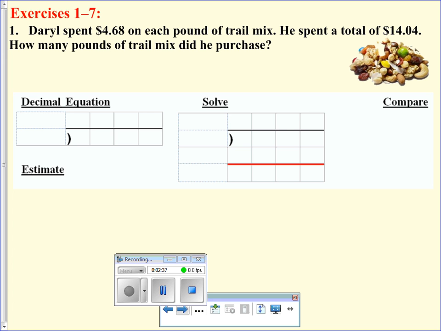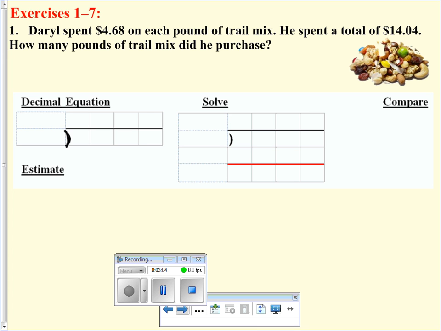So let's take a look. First of all, what's our decimal equation? What would the decimal equation be to solve that? Right, now on your notes, the little door to your house, for lack of a better mathematical term, is missing. And also you can't see the line outside the house.